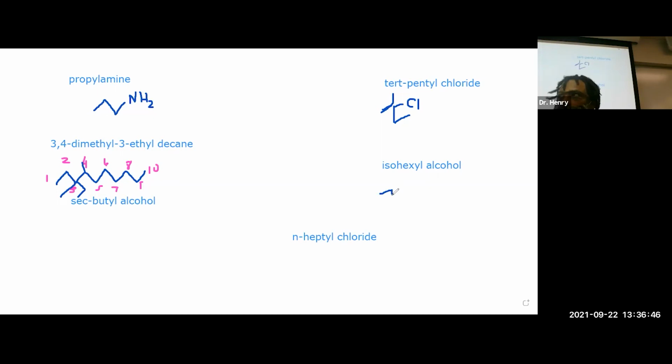1, 2. So a methyl, methyl, and then that will be 3. That would be, see, 1, 2, say 3, 4, 5, 6, and then an OH at the end.